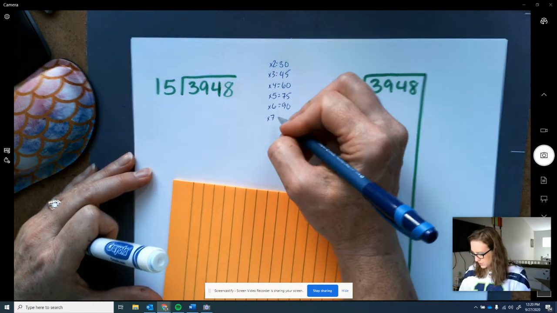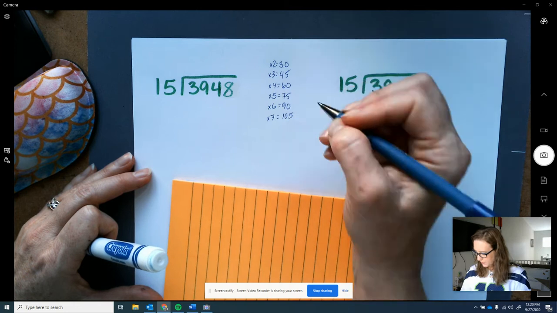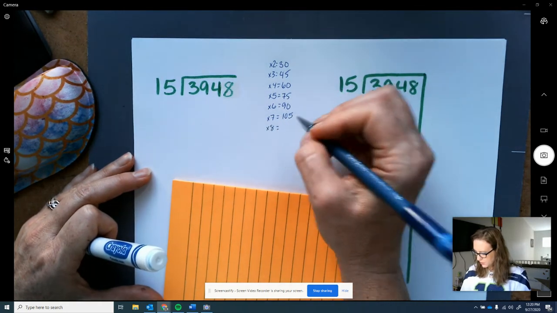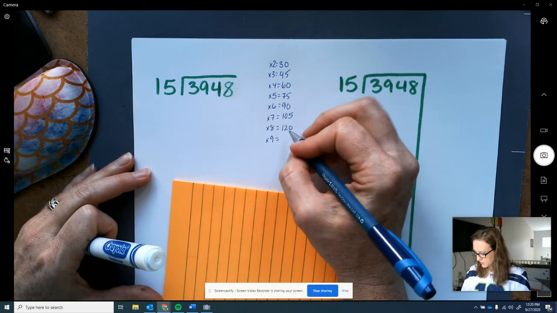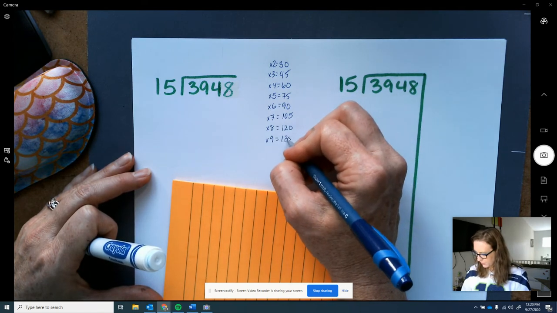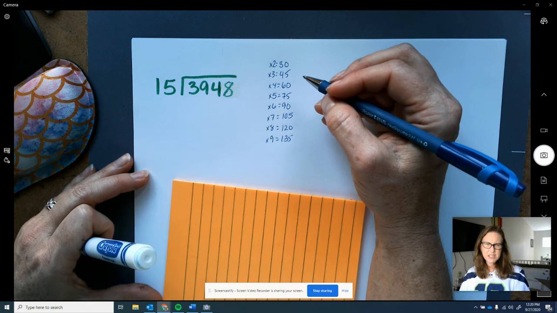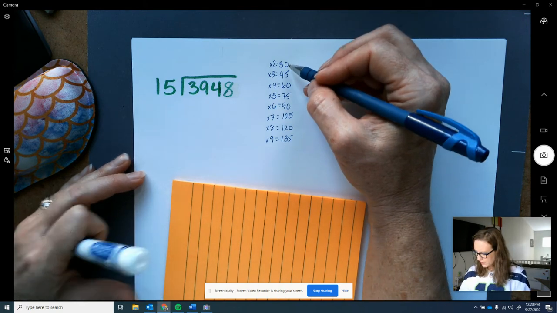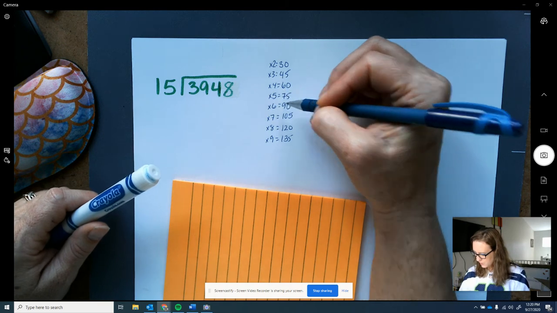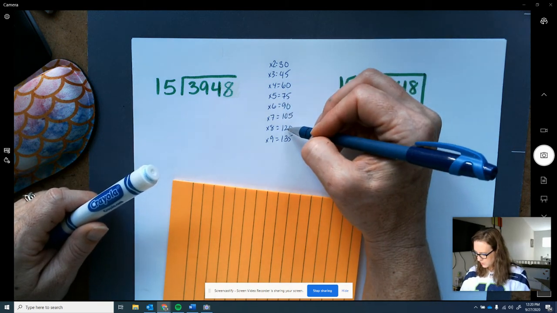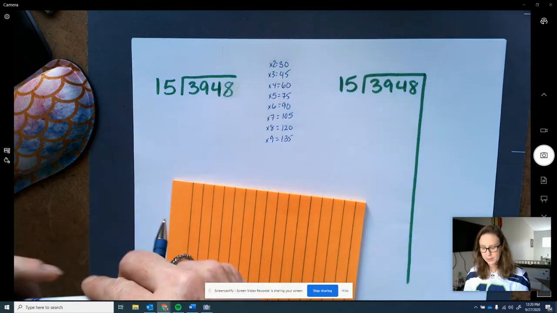Times 7, which is 15 more, which is 105. Times 8, which is 15 more, which is 120. Times 9, which is 15 more, which is 135. Let me double check that because I don't usually do my 15s. So I just want to make sure that it goes up by 15 every time. I think that's right.